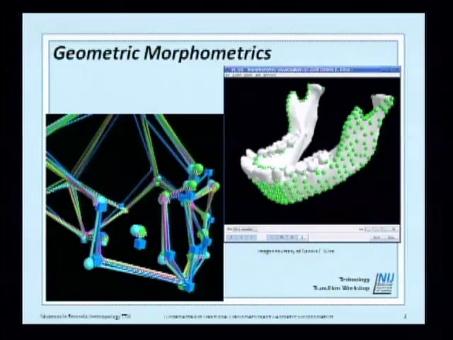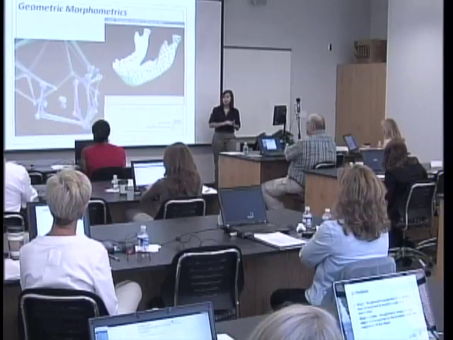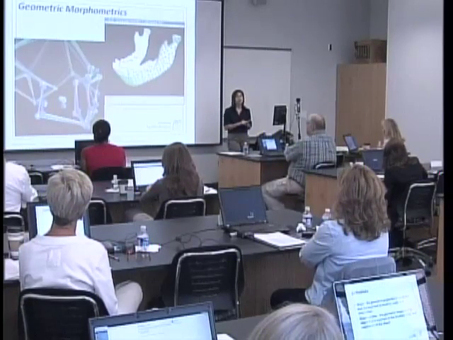Geometric morphometrics, on the other hand, uses coordinate landmark data, which is the one that we use. There are various types of geometric morphometrics, and we'll just briefly cover it. What's nice about it, if you use landmark coordinates, you use the same anatomical landmarks that you would use in traditional craniometrics, so it shouldn't be too much of a leap to get there, but it fully archives the biological form, because you get the X, Y, and Z coordinates for each anatomical landmark.